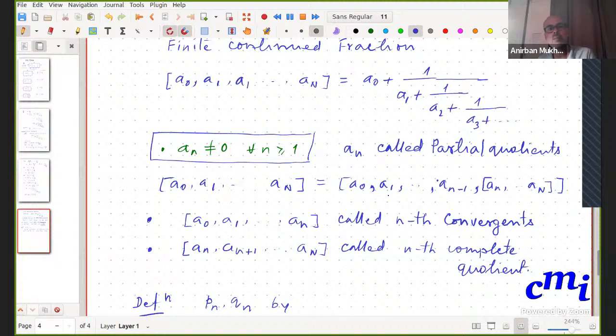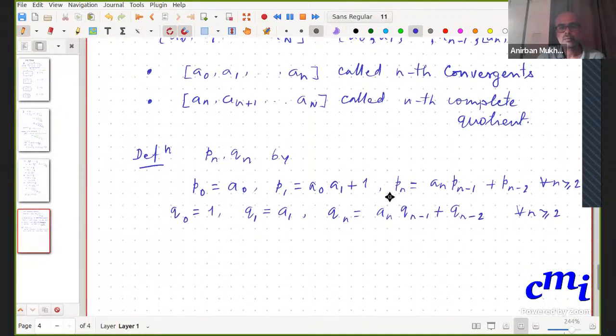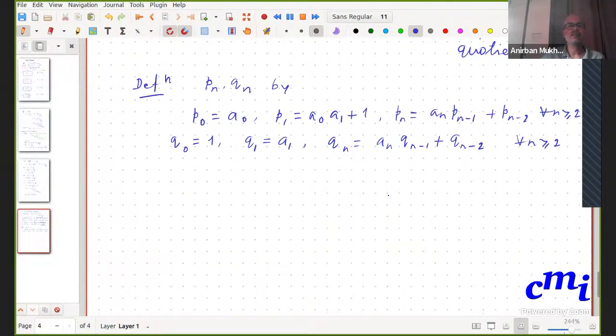The tail part, starting from the nth stage to the end, that continued fraction is called the complete quotient. So let's stick to that. And then we have defined this Pn and Qn recursively.